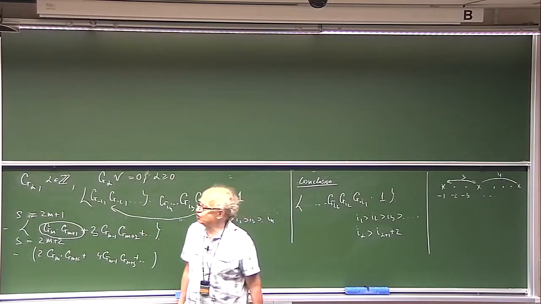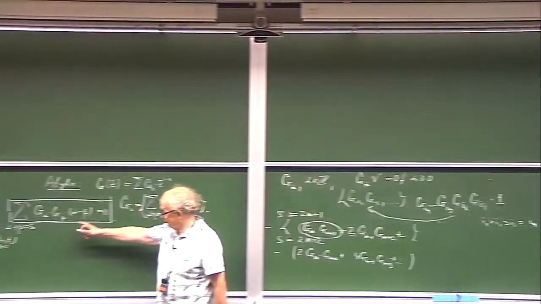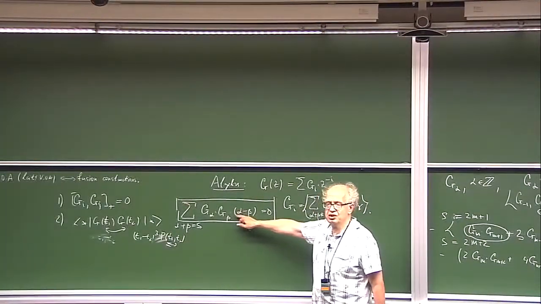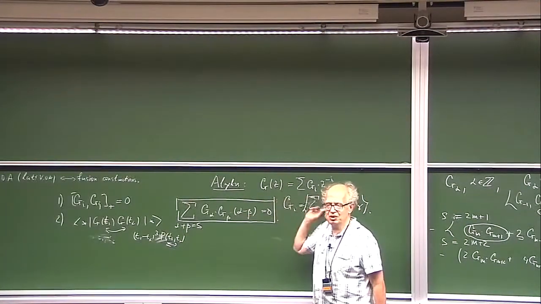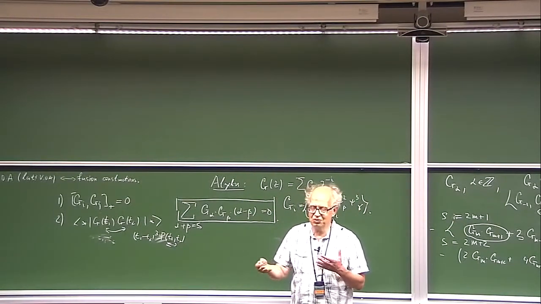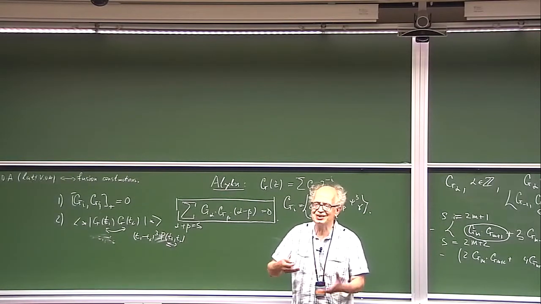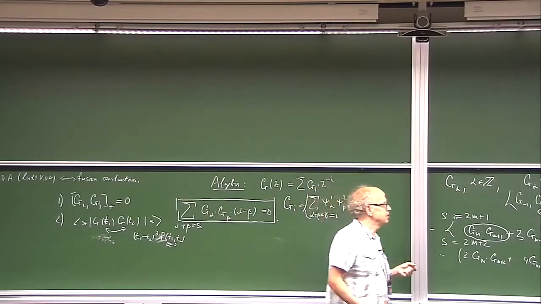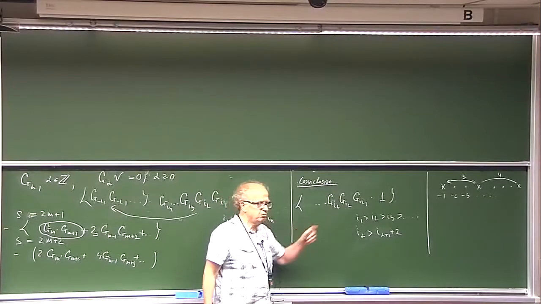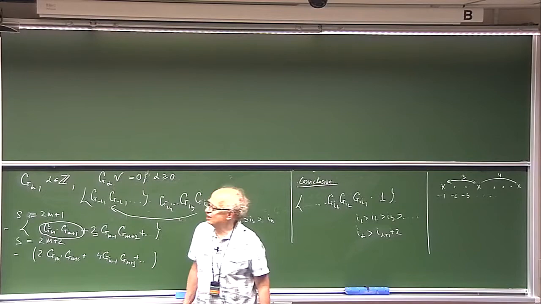But we cannot be sure that there are no relations between these monomials, because in principle, who knows? We can use this relation, we can start to rewrite using this relation, and it is possible that some linear combination of these monomials is 0.